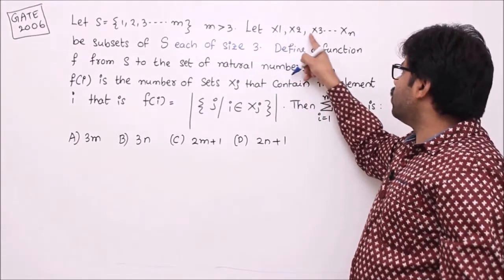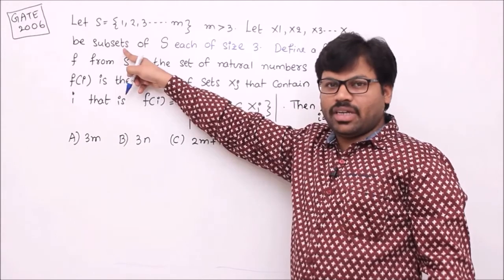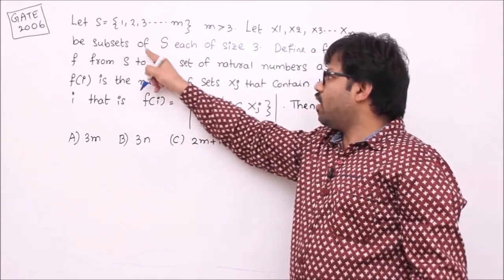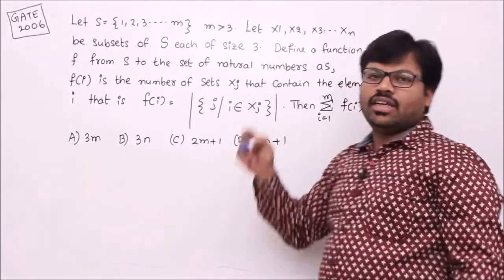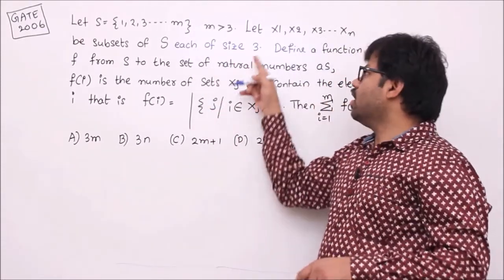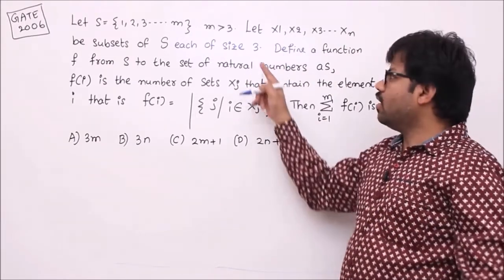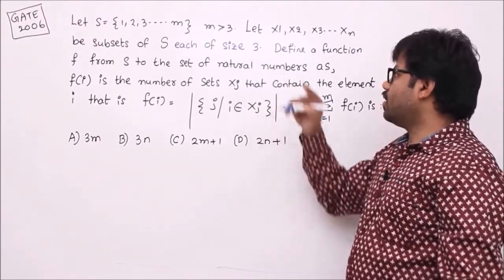Now X1, X2, X3, so on Xn are subsets. A subset will become a committee. Okay, committees of S, each of size 3. In that way we can interpret the problem in a different way. You have m teachers, and you have all size 3 subsets, which are committees of 3 teachers.